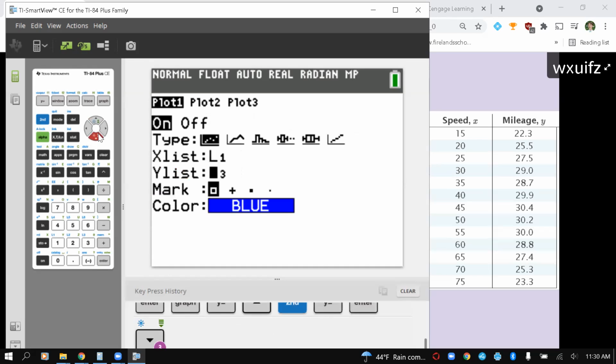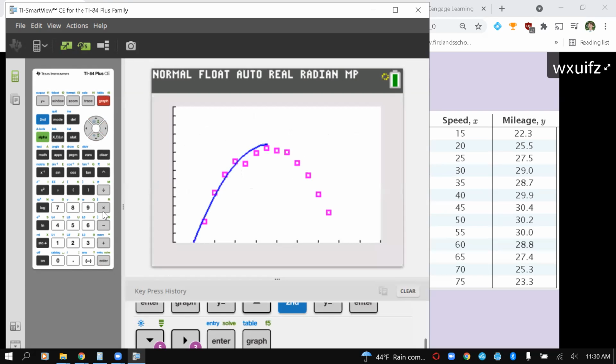Like I could tell it, I'm not really feeling blue today. Let's do magenta. Now when I graph it, look at that. Pretty. The blue and the pink really go together.